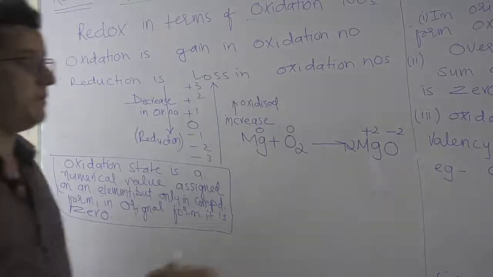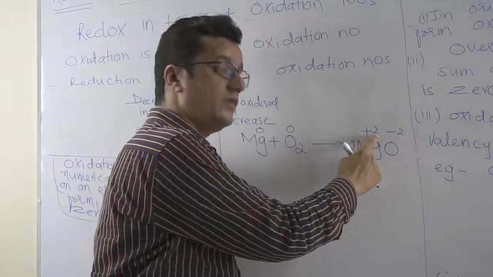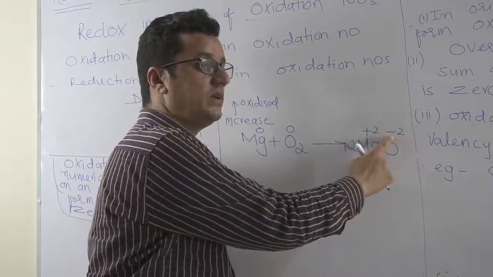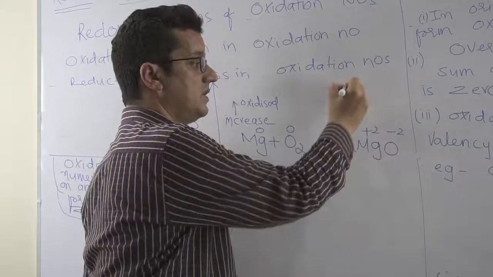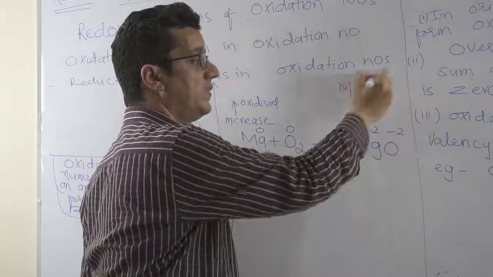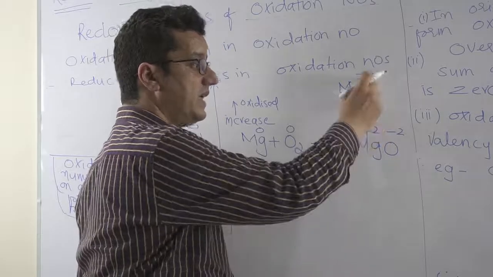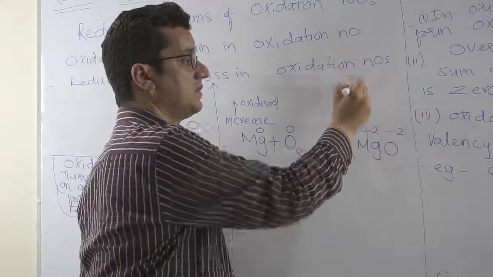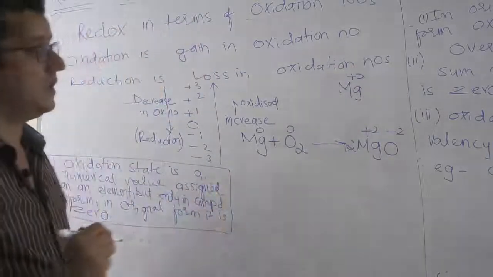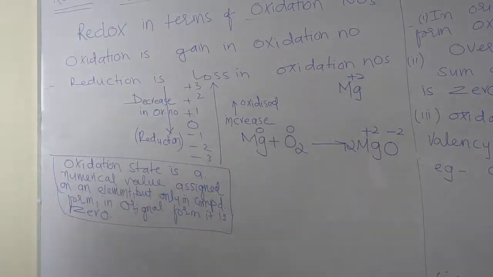You can notice I am placing the sign before the digit. If it is a charge, in an ionic equation, we write it the other way, but oxidation state is written with the sign before the numerical value.